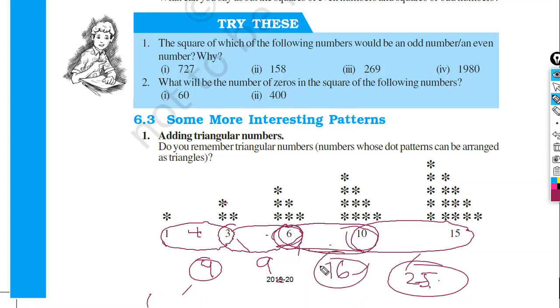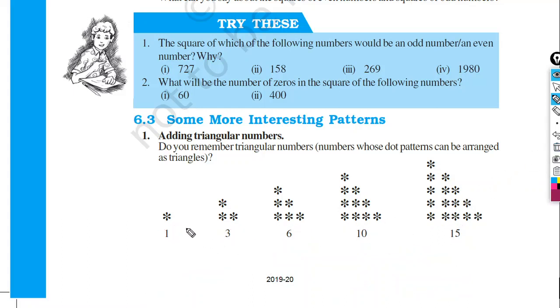Also, if we add these numbers, suppose 1 and 3, we will put this here. Then you can see a square being formed. Similarly, the 3 stars will be put here, and now you can see a square being formed, isn't it?